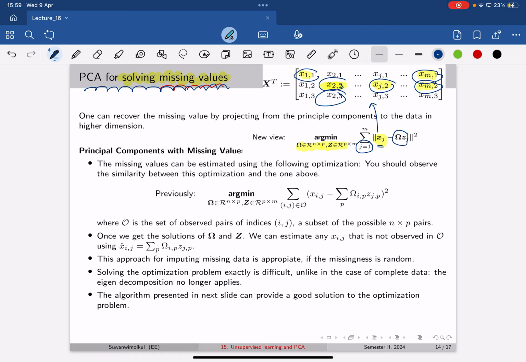It should work if you have some missing values, but there are conditions on how the missingness should happen. One of the conditions for using PCA to solve for missing values is that the values have to be missing at random. So it will work if your missingness is at random, not structured.